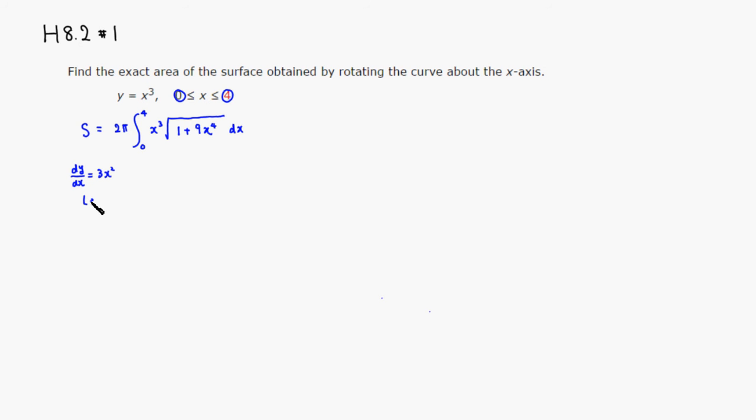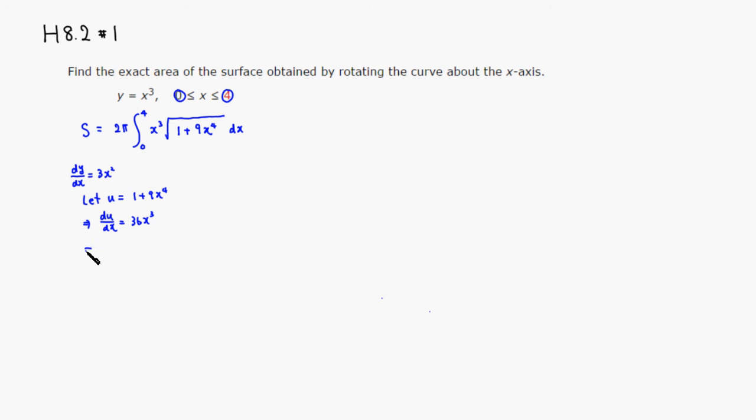So let's use a substitution. We can let u be 1 plus 9x to the 4th. Then if you take the derivative of u with respect to x, you will get 4 times 9, 36 x cubed.